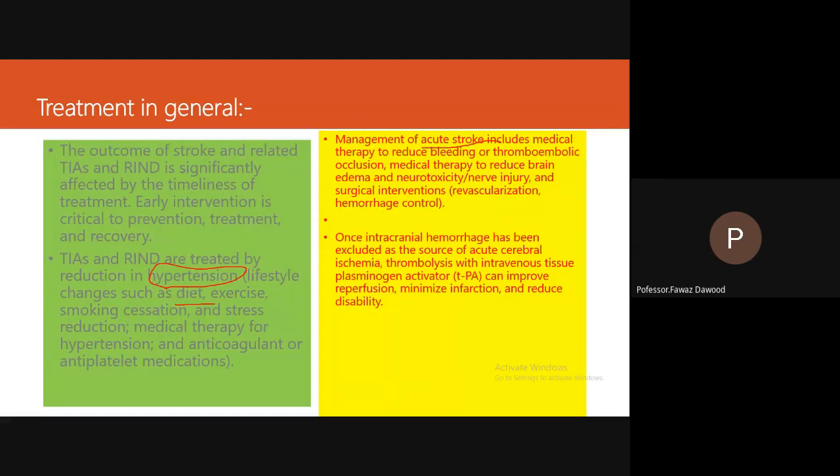Here, medical therapy should be used, and the patient's hemorrhage has to be controlled, and even though revascularization is indicated, whenever intracranial hemorrhage is going to occur, which is considered a source of acute cerebral ischemia, thrombolysis with intravenous tissue plasminogen activator is very important in prescribing for the patient to minimize the effect of the infarction.